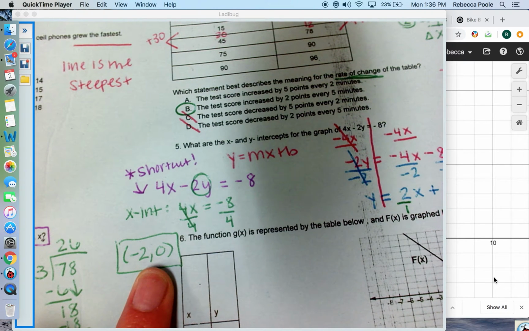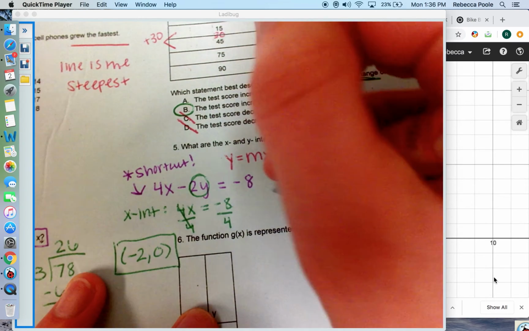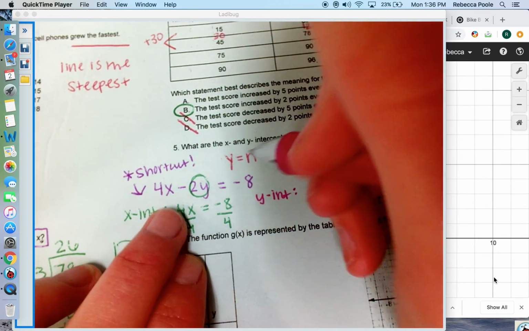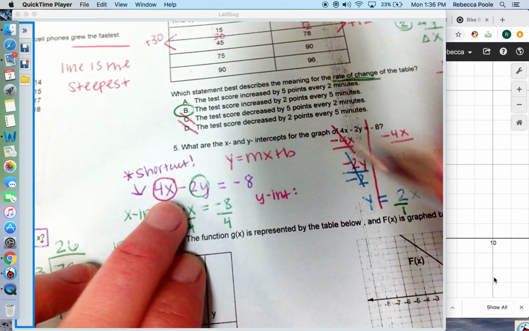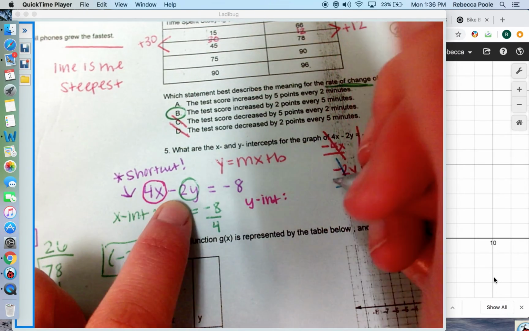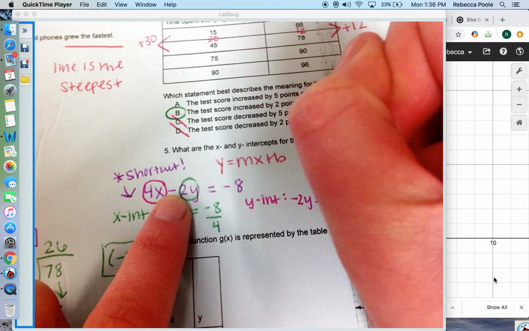Okay? For my y-intercept, the x value is 0 because we're trying to find y, right? So once I make this whole x term 0, I'm left with negative 2y equals negative 8.